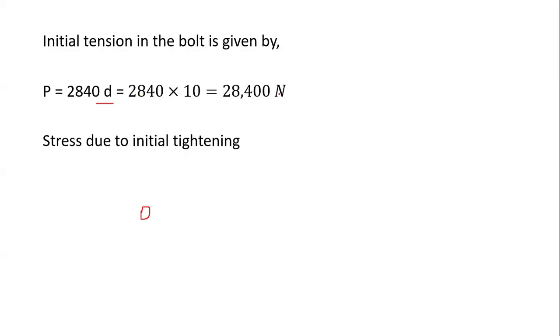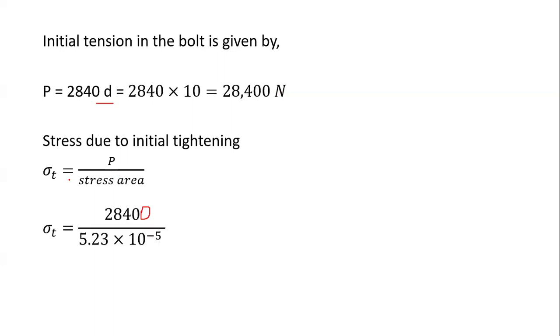What if you're now trying to tighten? Stress due to tightening. So then we go back to the formula for stress, which is force over area. Load, the tensile load, divided by the stress area. So the tensile load is 28,400 divided by what we got as the stress area, 5.23 by 10 power negative 5.